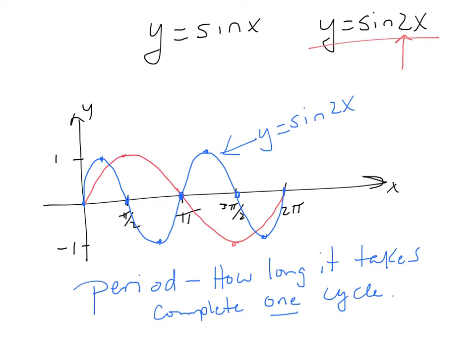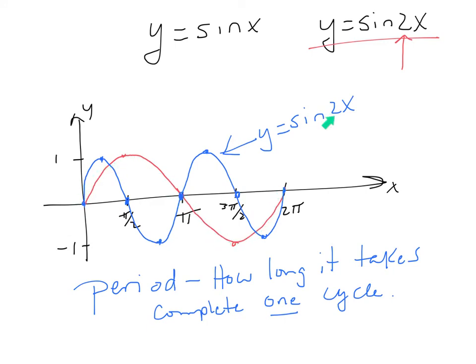So from 0 to 2 pi, with my red curve, which was my original, y equals the sine of x, the period of that graph is 2 pi, or 360 degrees, because it takes an entire 360 degrees to unwrap that unit circle and complete the full cycle of that graph.